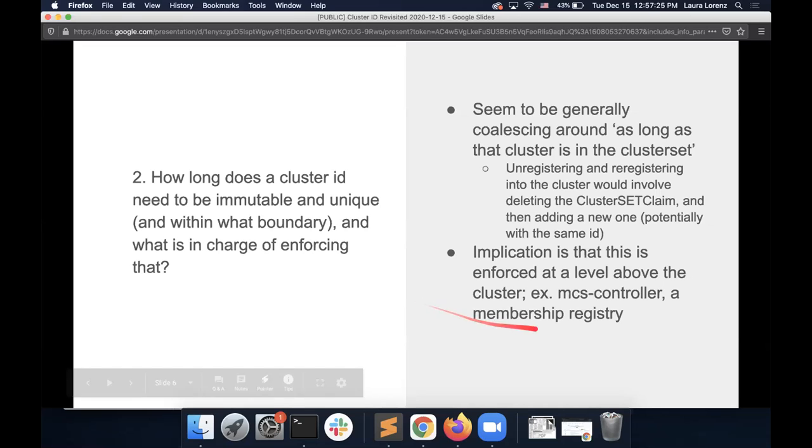Okay, cool. Is there any other points about this implication that this is enforced? What I got out of the conversation just now was that there are some cases that we could specify, like what happens when a cluster joins maliciously as another one, or what happens when a cluster changes its ID in the middle of its life.